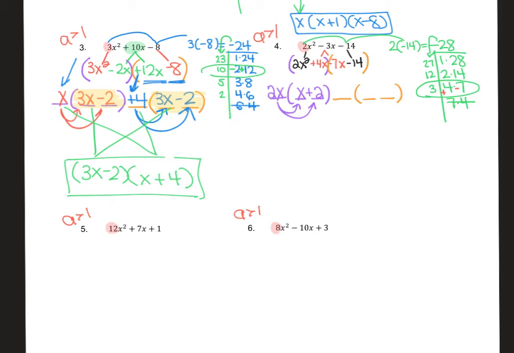Now here's where it is. I told you this, you could always match parenthesis for parenthesis. So I need an x plus 2 here. Okay, because this parenthesis will always match this parenthesis.